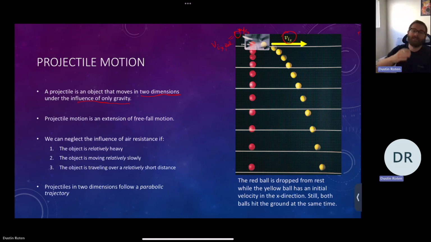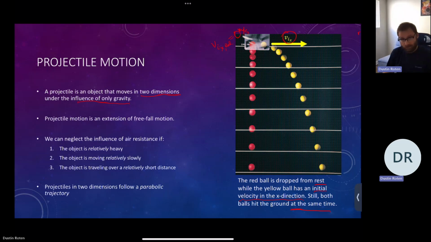The motion in the y direction is the same for both, even though the motion in the x direction is not. Just to point this out, the red ball is dropped from rest, while the yellow ball has an initial velocity in the x direction. But both balls hit the ground at the same time, and that's just because those two directions are independent.